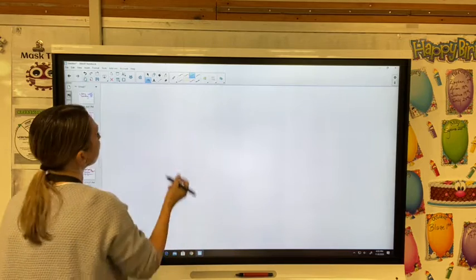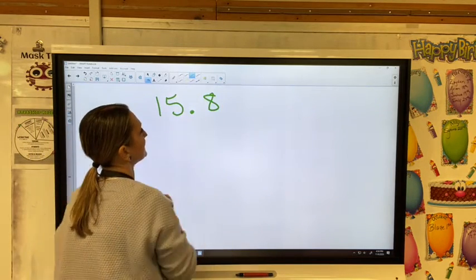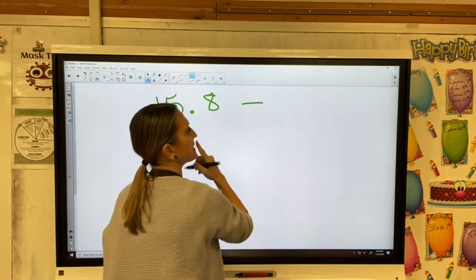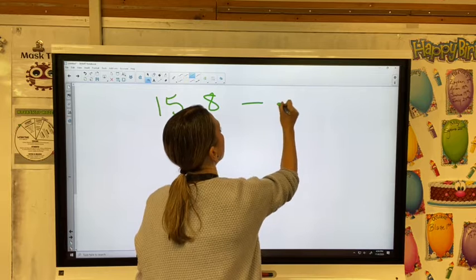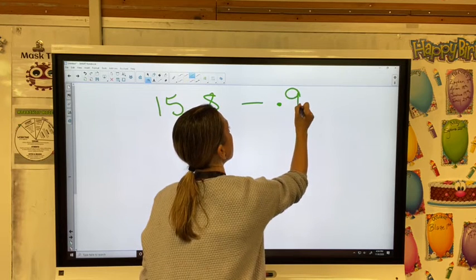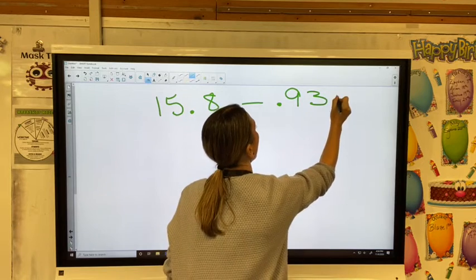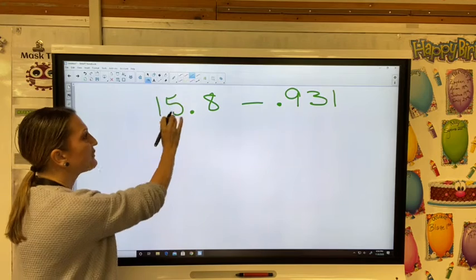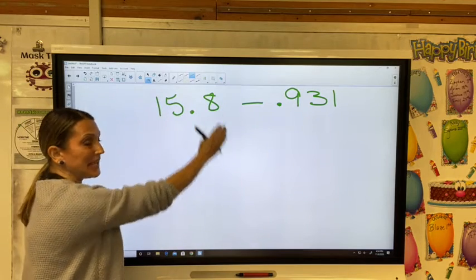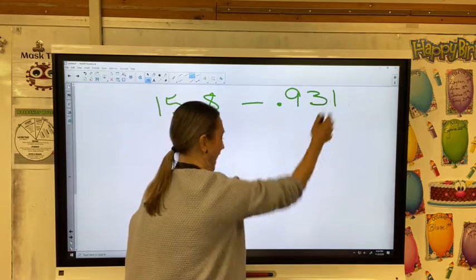Let's do, how about 15 and 8/10 minus, let's do, how about I just do 931 thousandths. Okay? So I've got 15 and 8/10 minus 931 thousandths.